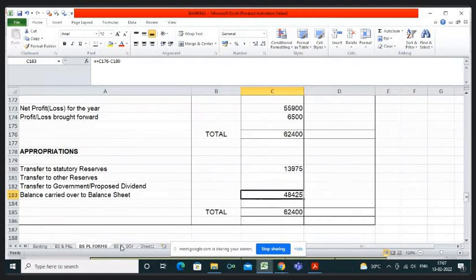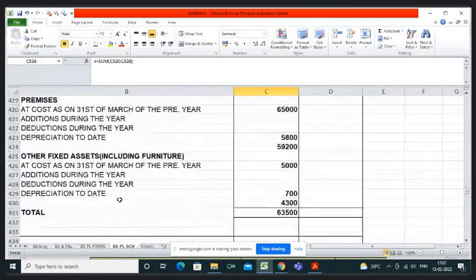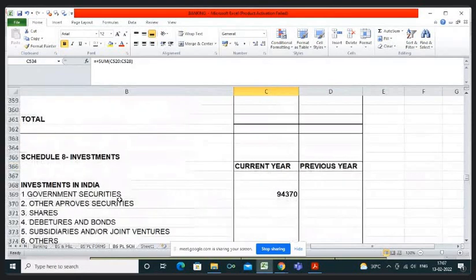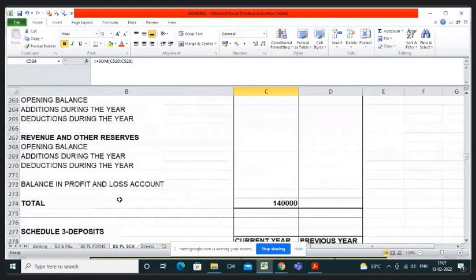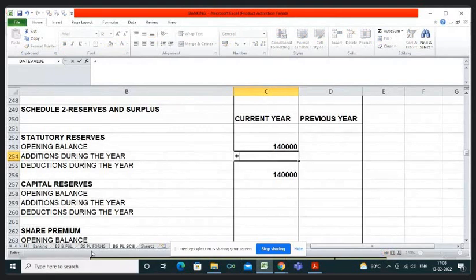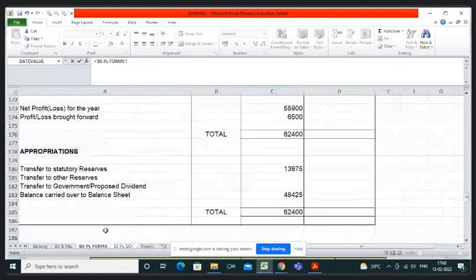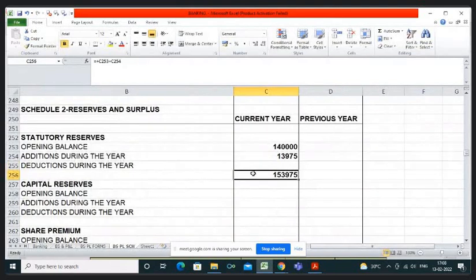So now I am moving on to the balance sheet schedules, schedule number 2. Statutory reserve I have. What should I do? Additions during the year. I will just link it here. Additions during the year is 13,975. So what will be the closing balance?